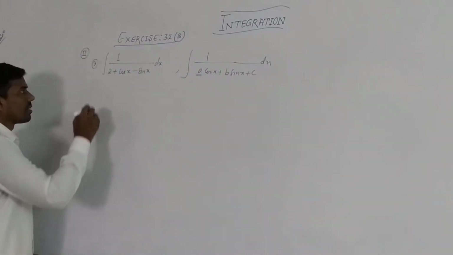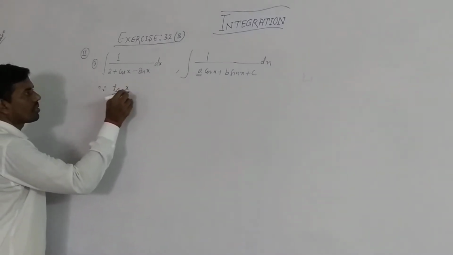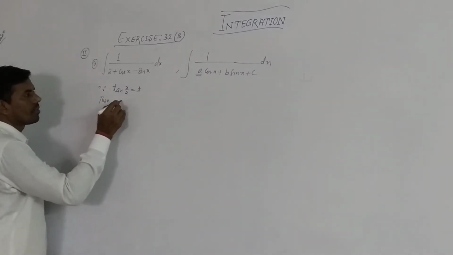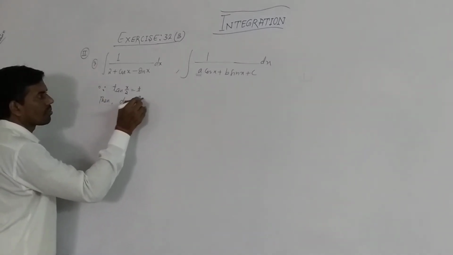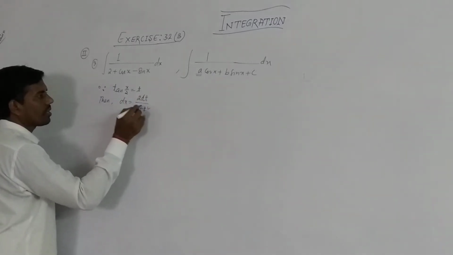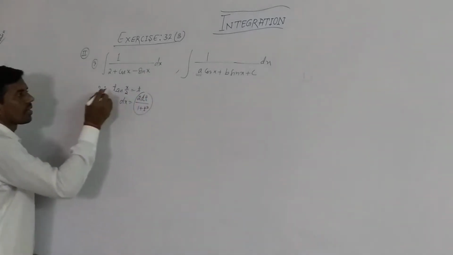Since tan of x by 2 is equal to t, then we have dx is equal to 2 dt upon 1 plus t square. Clear?